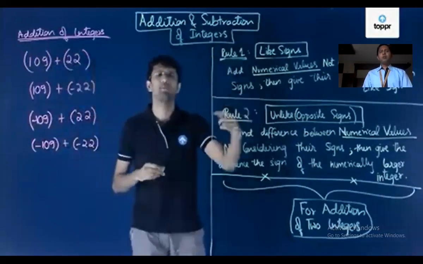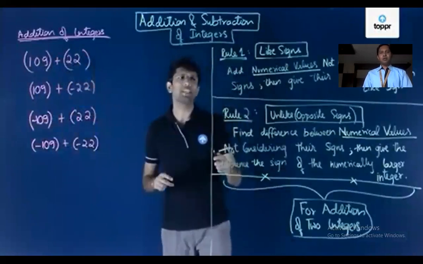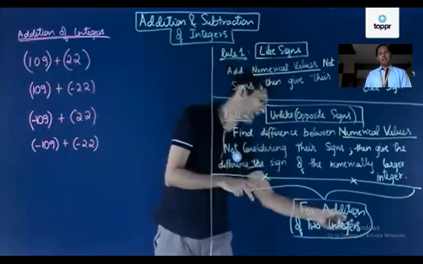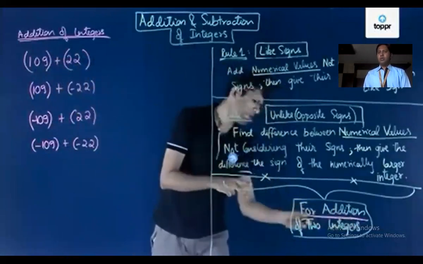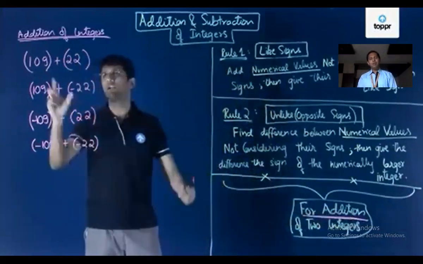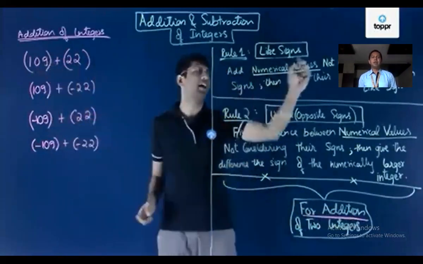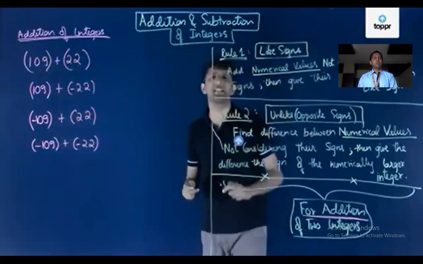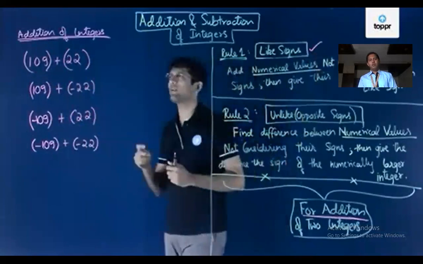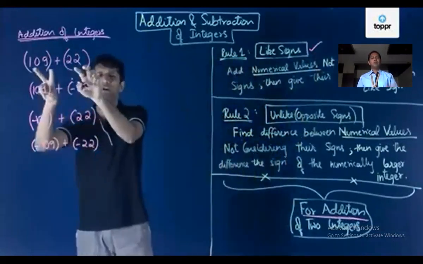Now, if we talk about addition of integers, there are two rules: one for like signs and another for unlike signs. In the first case, 109 and 22 both have the positive sign, so they are like signs.